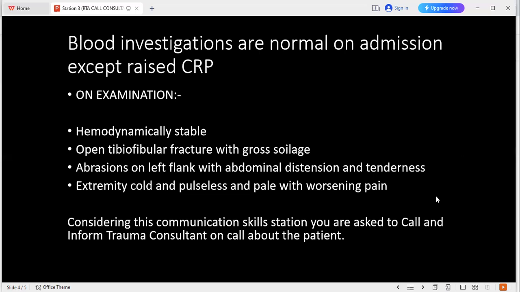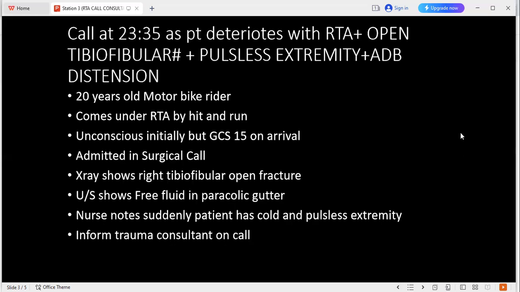Hello. I'm Dr. Ali Bade, working in the A&E in the Kerala hospital. I'm calling the trauma consultant to update him about the case. Can I check that I'm calling the trauma consultant? Yes, doctor.